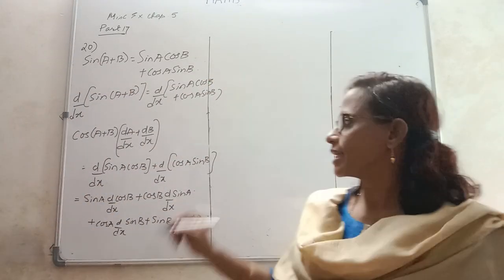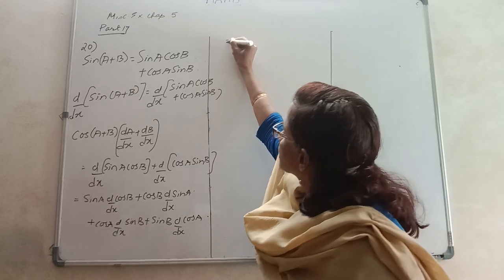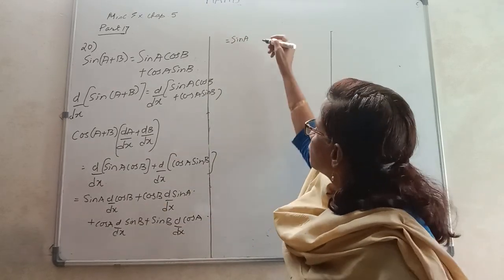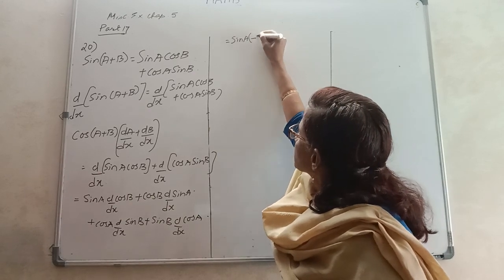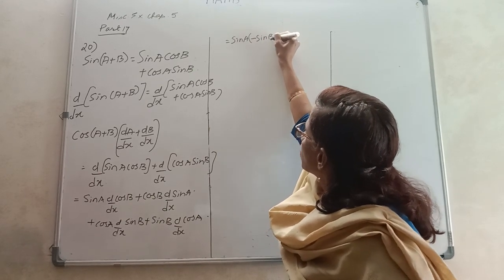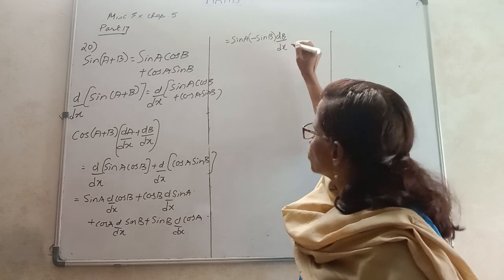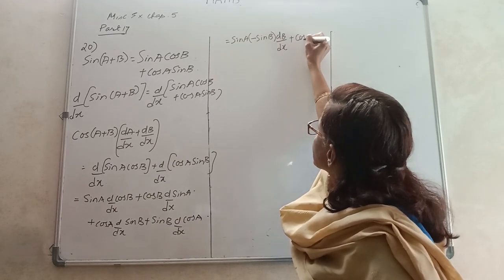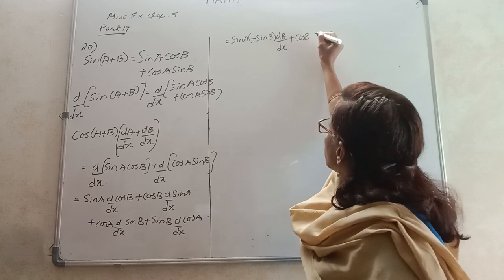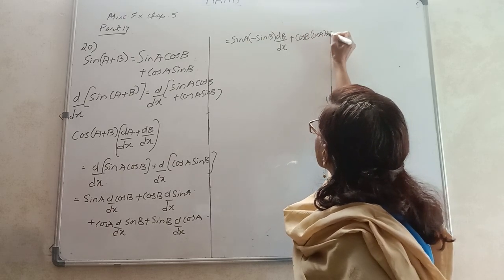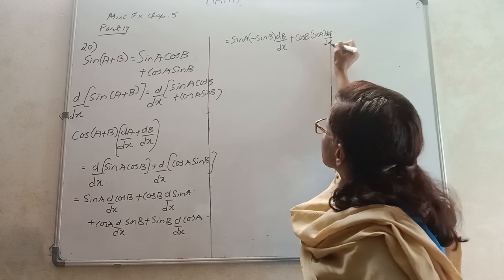Now let's actually find the derivatives. In the first part, sin A stays as it is, and the derivative of cos B is minus sin B, accounting for dB/dx. Then cos B as it is, and the derivative of sin A is cos A, accounting for dA/dx.